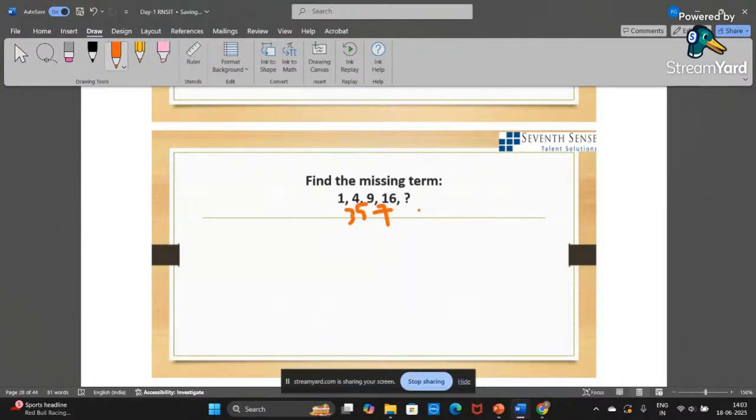So the next odd number will be 9. So 1 plus 3, it is 4. 4 plus 5, it is 9. 9 plus 7, it is 16. 16 plus 9, it is 25. For this, the answer is 25.